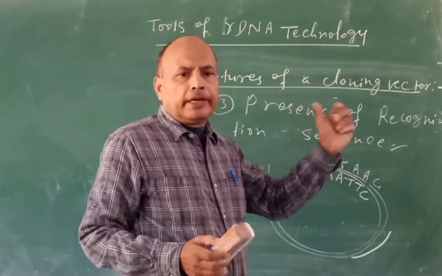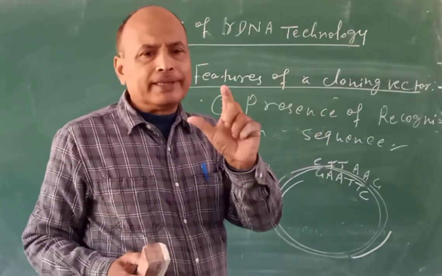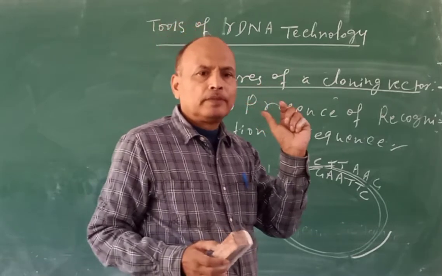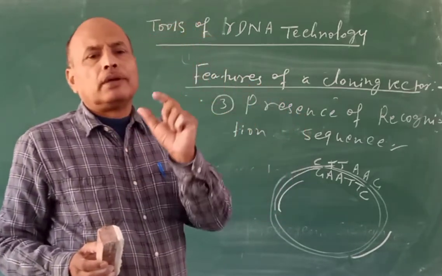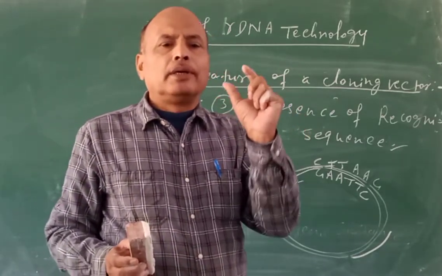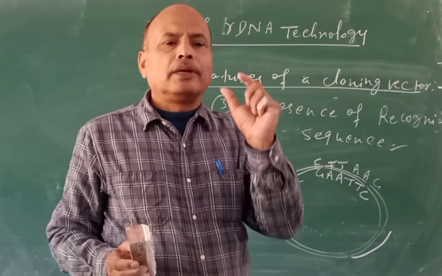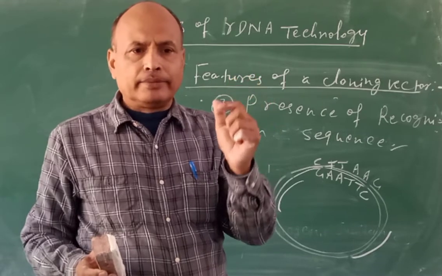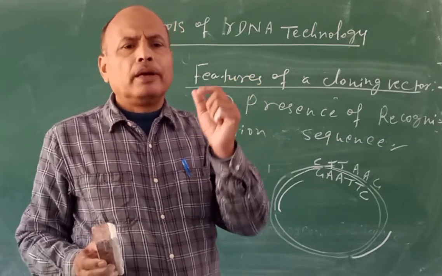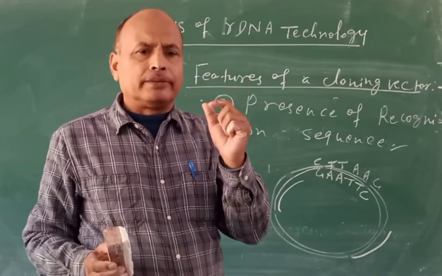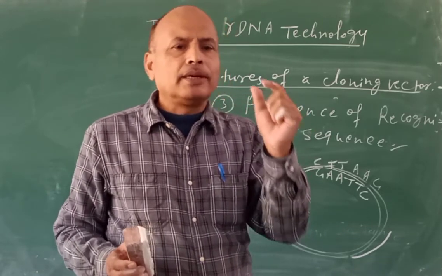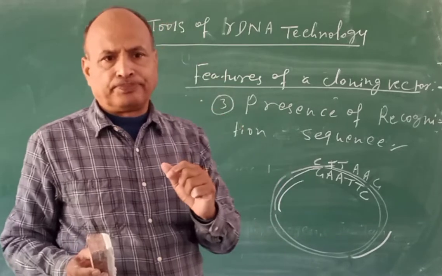Selectable marker helps us to distinguish between transformants and non-transformants. We are choosing antibiotic resistant genes and taking them as a selectable marker. However, an alternate method for selection is coloring reaction.